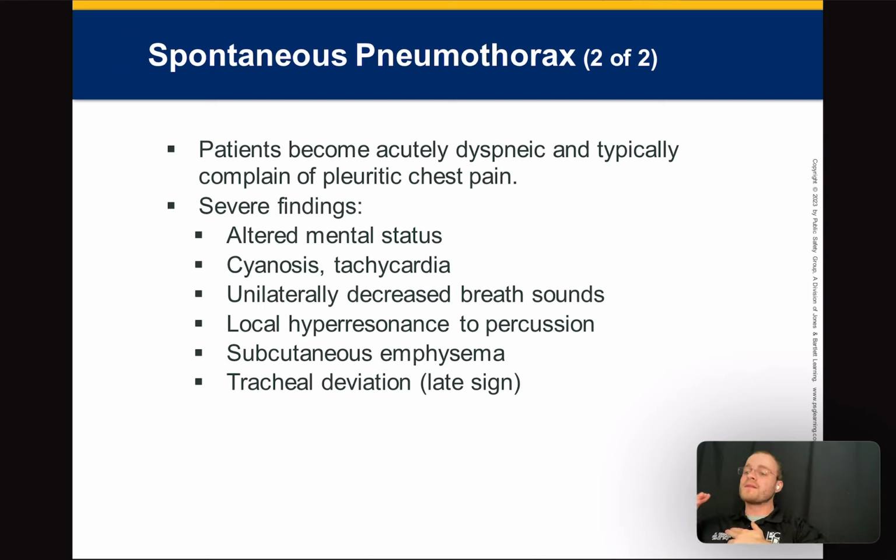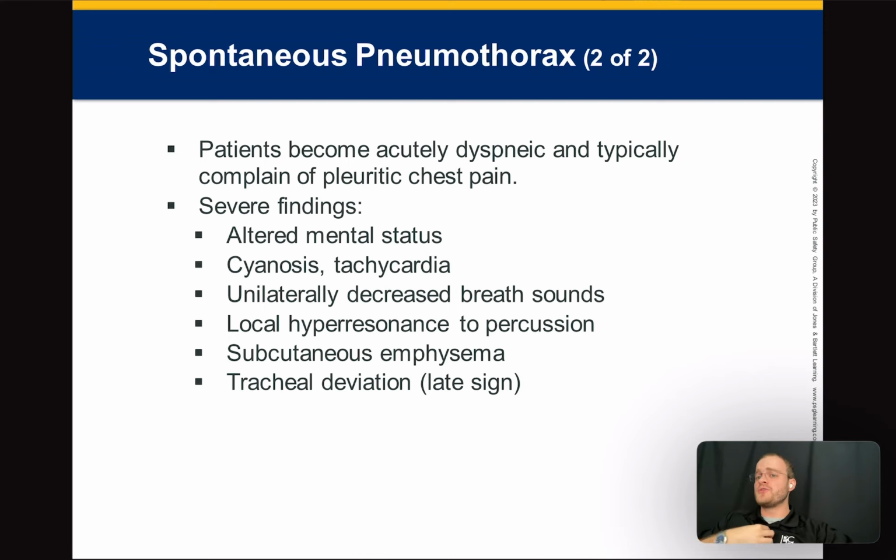If I do it on my chest, it sounds more like a drum. Okay, so you're not going to be doing this in real life, in the back of an ambulance. But you'll sometimes see this on exams where they'll say there's hyperresonance to percussion. What they're saying is hyperresonance is more of a tympanic sound, right? It sounds more like a drum because this area is empty, like a drum would be, right? Compared to my belly, it's filled with Taco Bell right now, or it's actually Thanksgiving food, and so it has more of a dull sound to it.